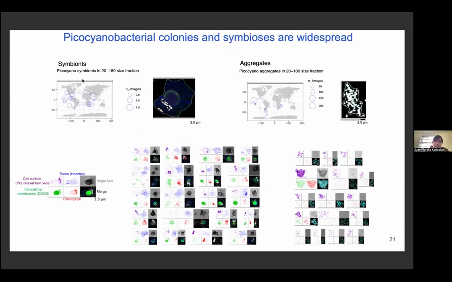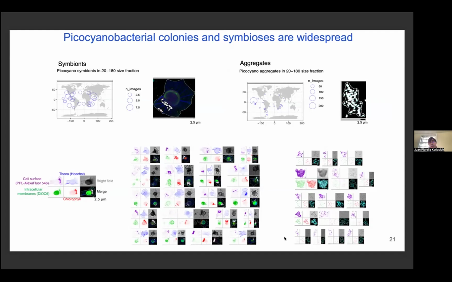This is exclusively data from imaging, nothing about PSBO. You can see the symbioses tend to be widespread in tropical and subtropical regions, and the aggregates are detected in many areas of the ocean, but especially in certain samples of the South Pacific.